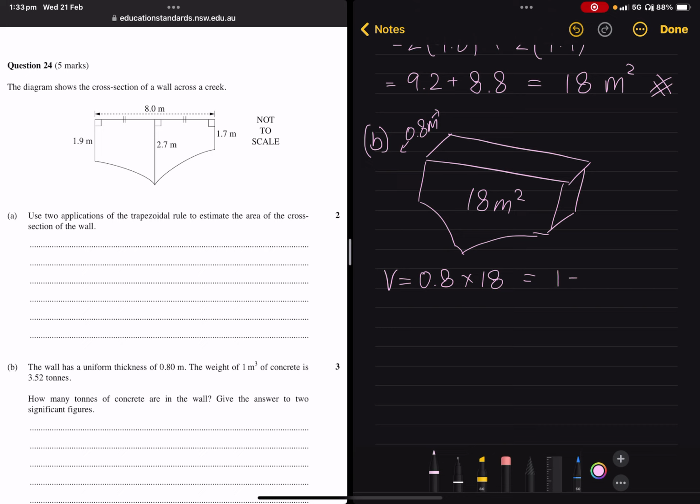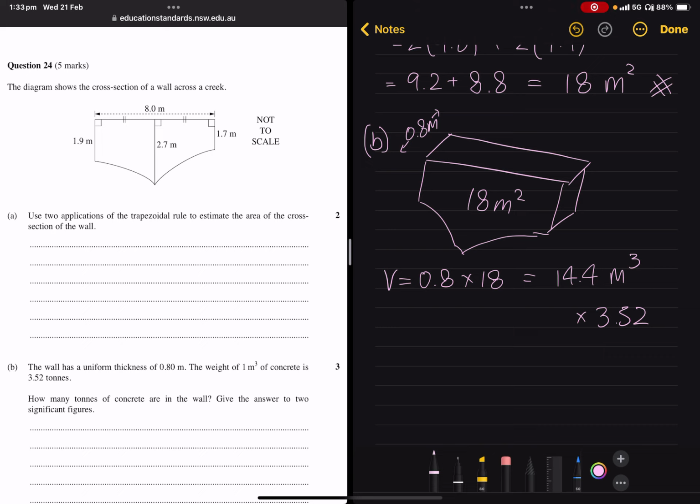So the volume is 14.4 meters cubed in this case. Now, we're told that 1 meter cubed of concrete is 3.52 tons. So we need to multiply the number of meters cubed by 3.52 in order to get the total weight of the structure. So we've got 14.4 times 3.52.